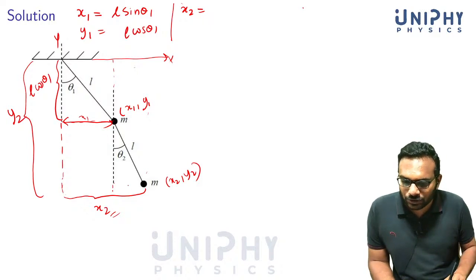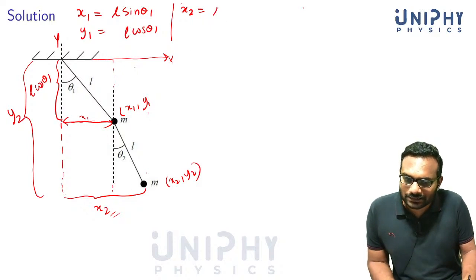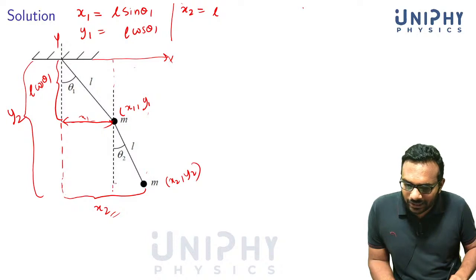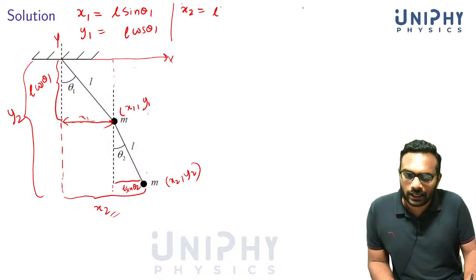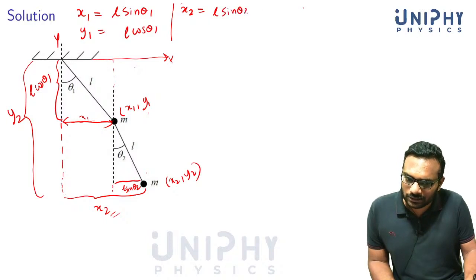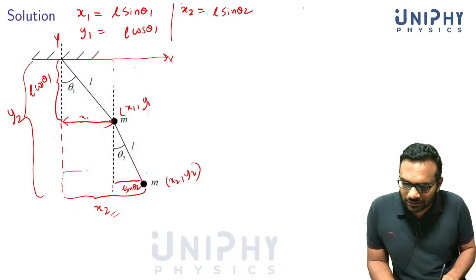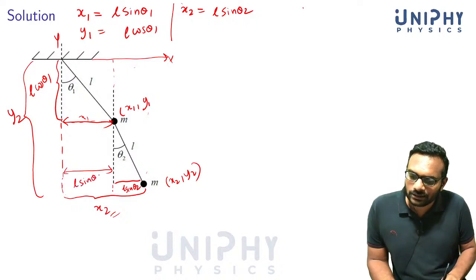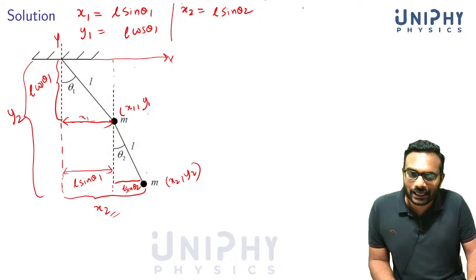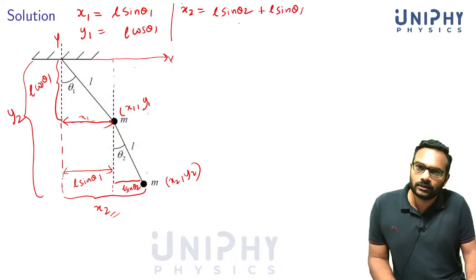You see that x2 is equal to, let's write it as L sin theta 2, that would be this length. And the other length we need, we already know that this is L sin theta 1. So x2 is L sin theta 2 plus L sin theta 1, all right.